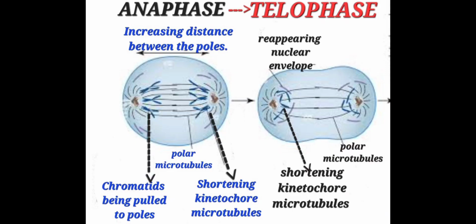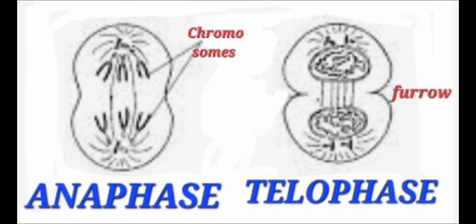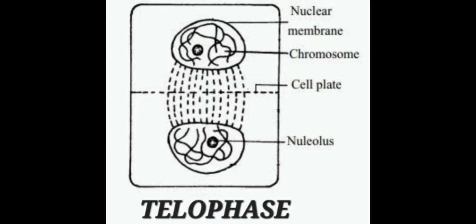Finally, we move to the last phase of karyokinesis. This is called telophase. The features of telophase are that chromosomes arrive at opposite poles. They begin to decondense or loosen out, again relaxing into chromatin configuration.